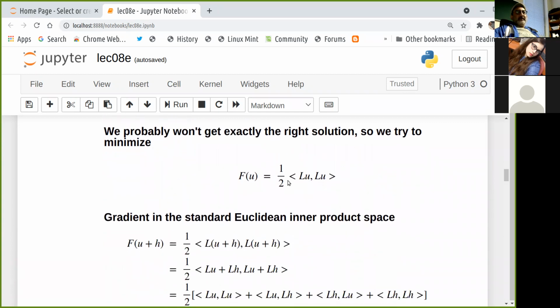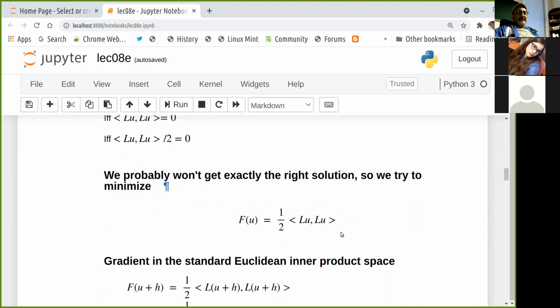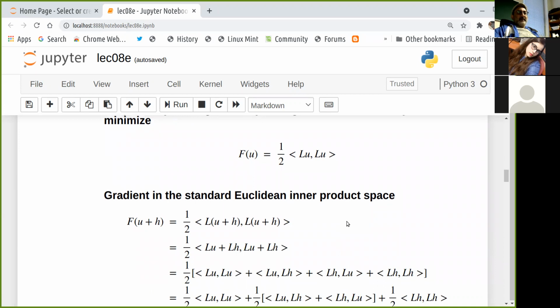We are not going to get an exact solution, so we're going to try and get close to one. So I'm going to define f of u equals 1/2 Lu inner product with itself, and try and make that as small as possible.